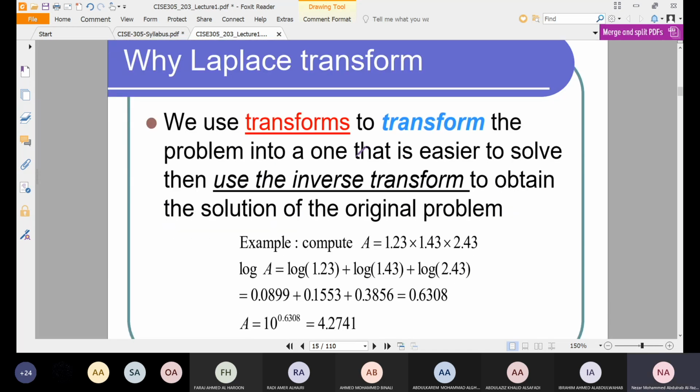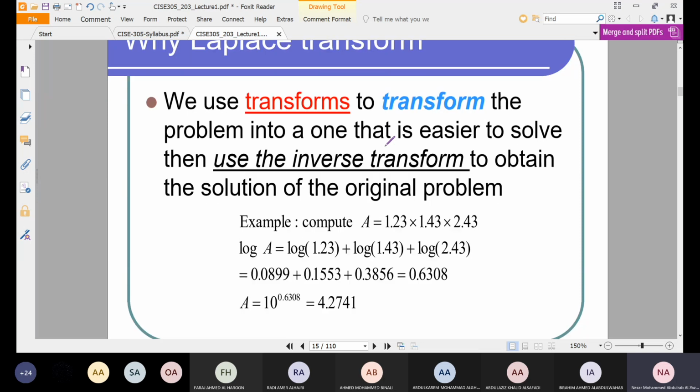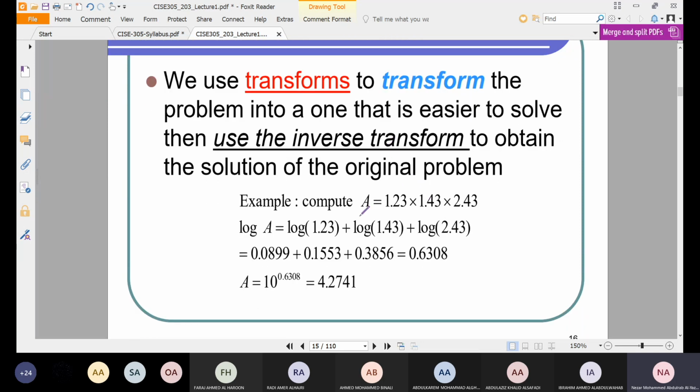Why Laplace transform? Because we use Laplace to transform the problem from a difficult version to an easier way to solve it. An example of a transform like this: if you want to compute this problem, A equals the multiplication of three terms, someone might use logarithms here.